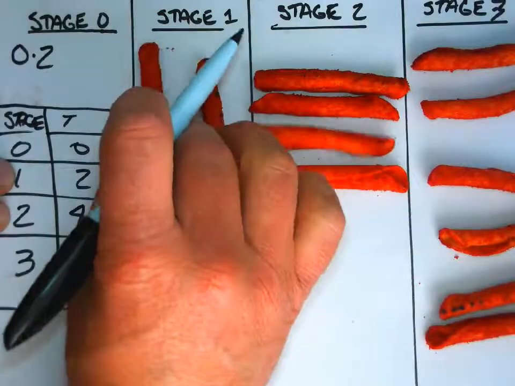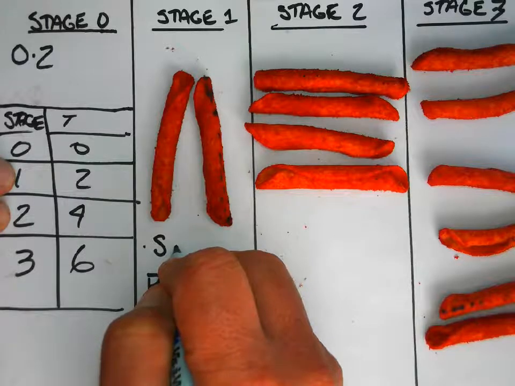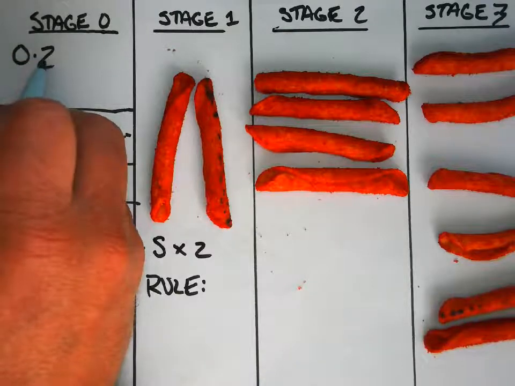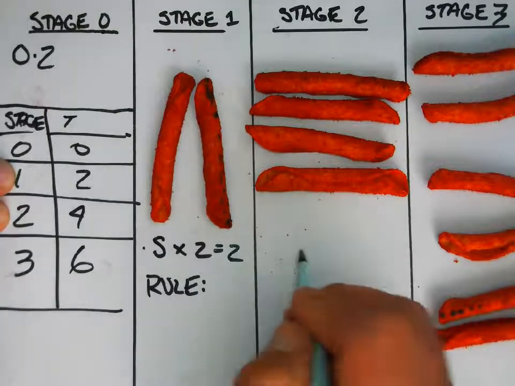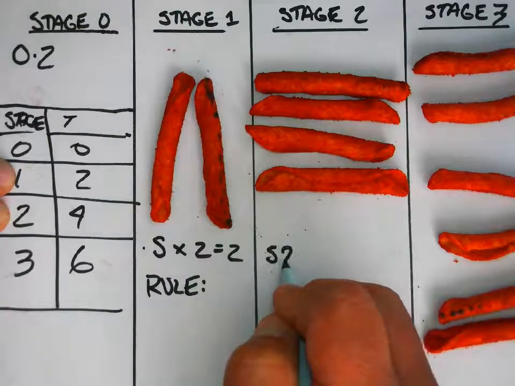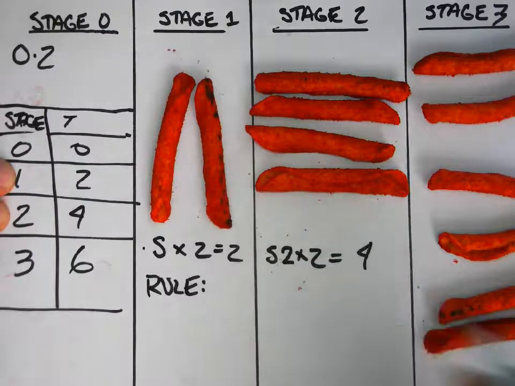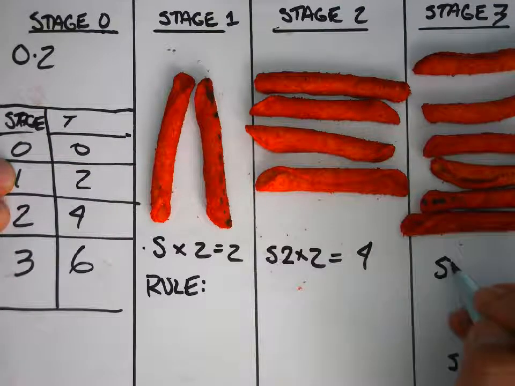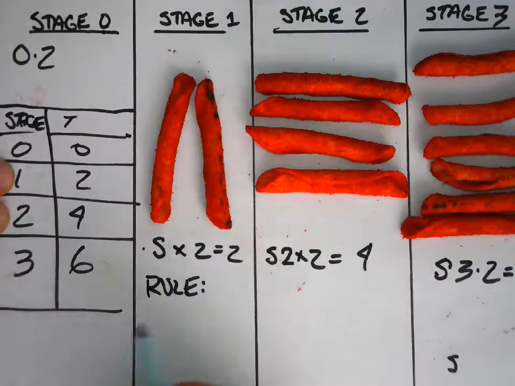Stage 1 is S times 2. Here's stage 1 times 2 equals 2. Here's stage 2, S2 times 2 equals 4. And here's S3 times 2 equals 6.